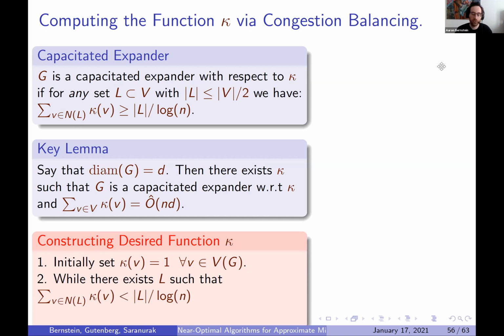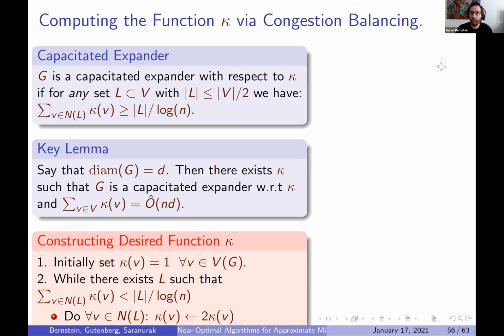I'm sorry, I don't have time to draw a figure here, but basically, if you find the sparse cut, then you need to reinforce that cut. So you have to take every vertex in the neighborhood. Currently, their capacities are too small to accommodate L, so you just double their capacities. That's the whole algorithm. You find the bad cut, and you reinforce it by doubling capacities, and you just keep doing this. And it's clear that eventually your capacities will get big enough that you won't have any sparse cuts.